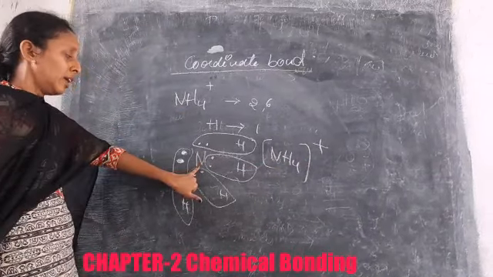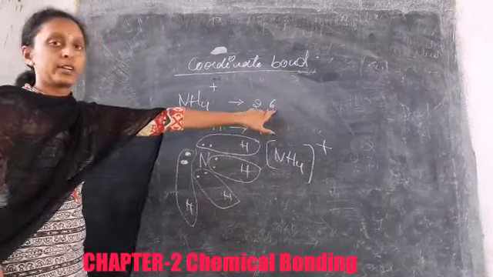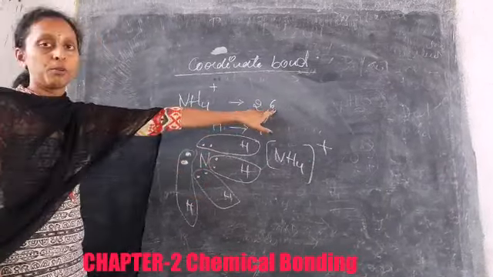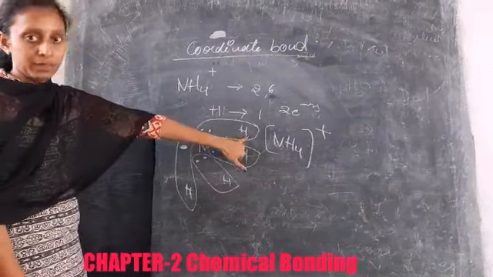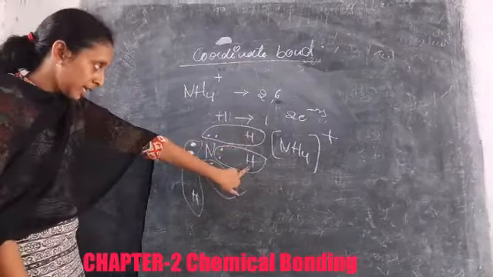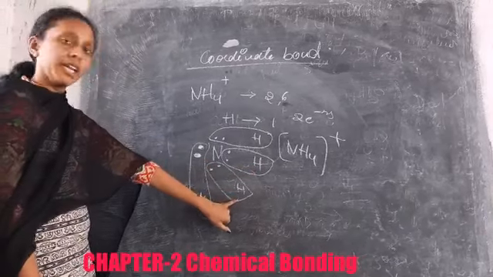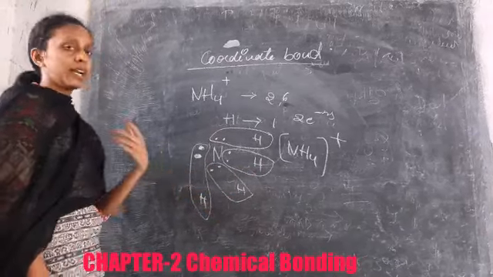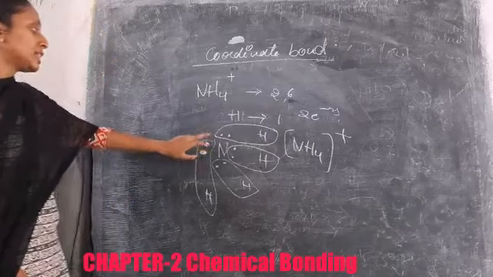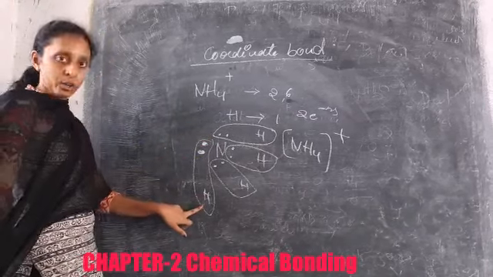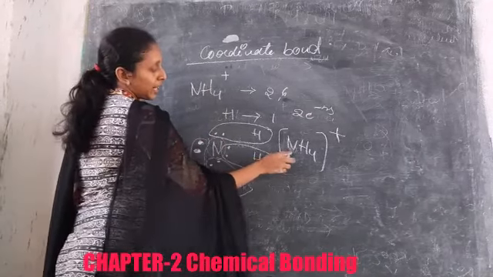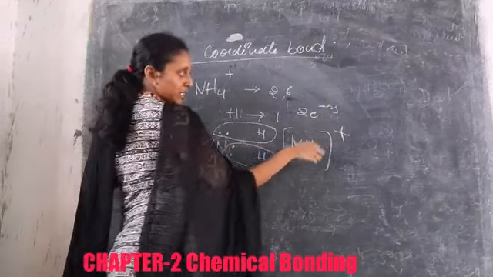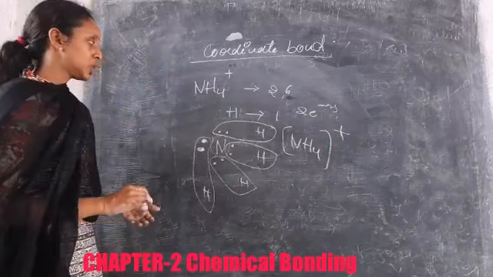Nitrogen again requires 2 more electrons to become stable. So it shares 2 electrons with one hydrogen, 2 electrons with another hydrogen, and 2 more electrons with another hydrogen. But the another hydrogen is simple. With this lone pair, it will bond with the hydrogen and form a positive ion. So it will bond with the 4 hydrogens and become a positive charge.